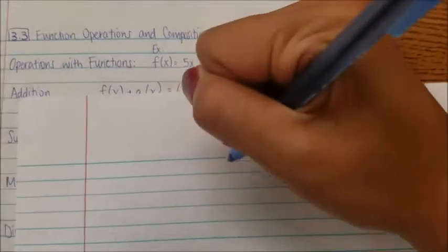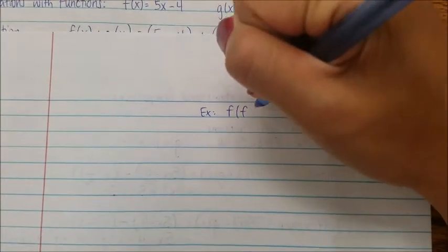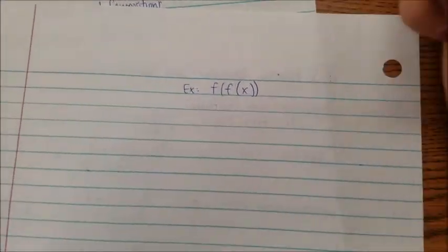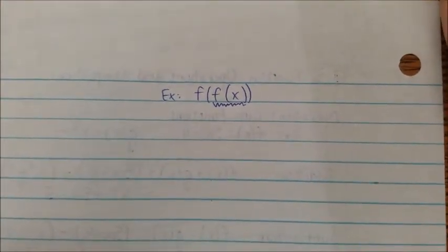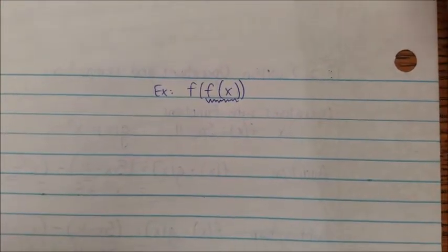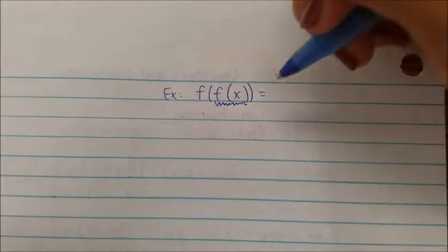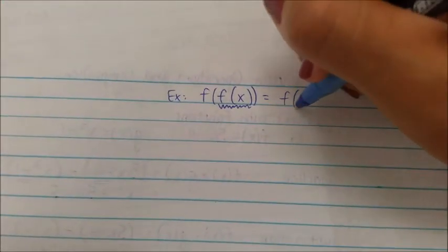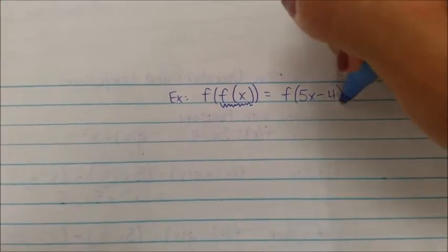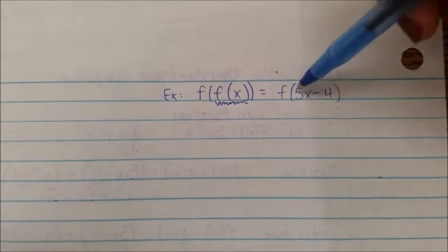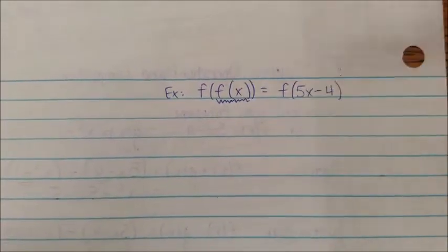All right, let's do another example. Again, I'm going to keep using the same equations. This time I'm going to do f of f of x. It looks funny because you've got two f's. However, we always start on the inside. We're just replacing the inner f of x with what f of x equals. Earlier we said f of x was equal to 5x minus 4. So I'm going to substitute that 5x minus 4 in for f of x.